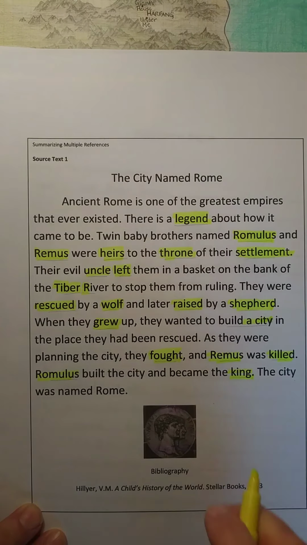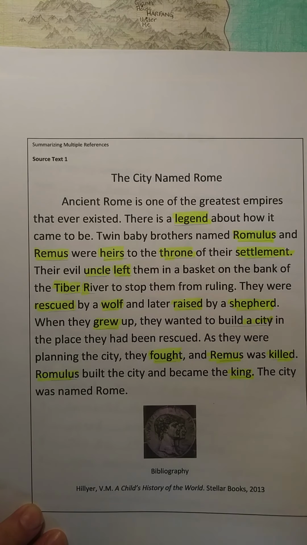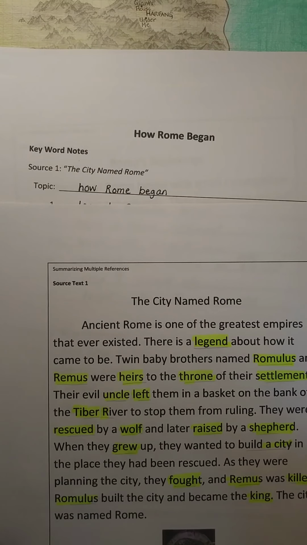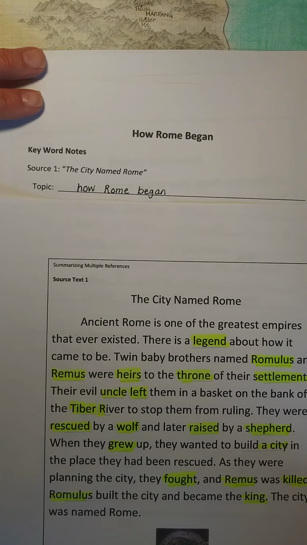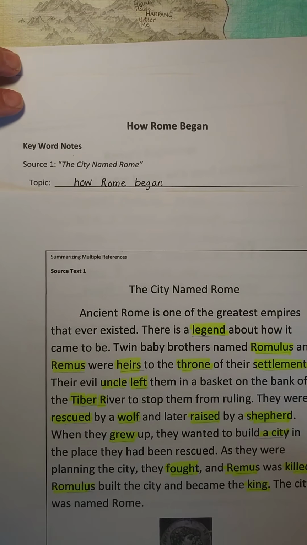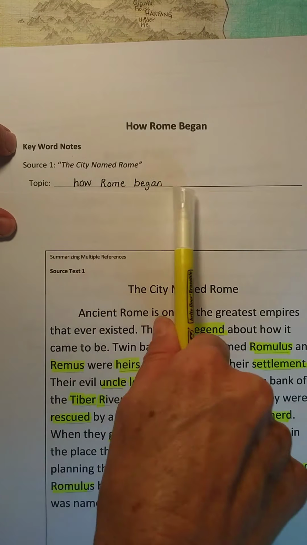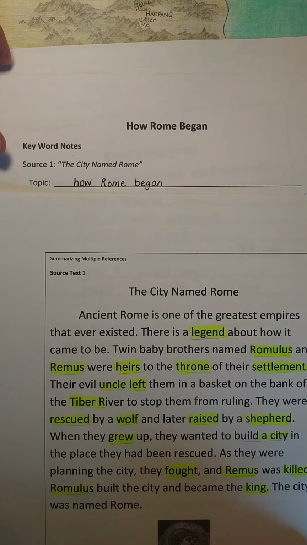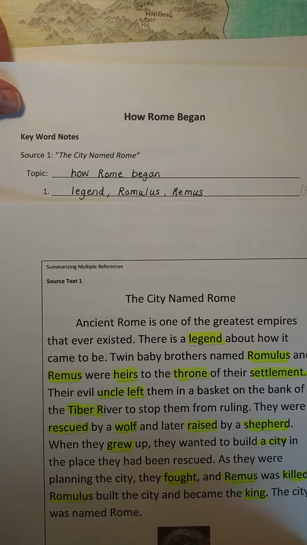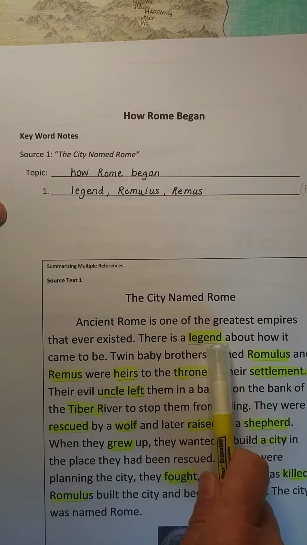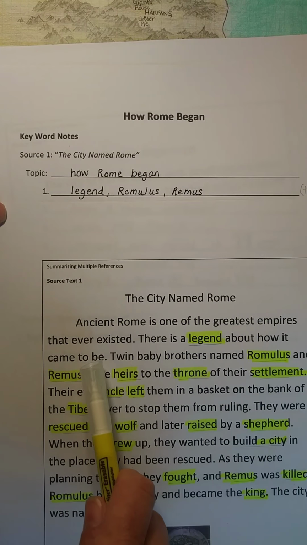Okay, so those are the key words that I'm going to use to write my notes. Okay, so your topic is not actually any of these key words, it's just the title or the main idea of what you're writing about. And this is how Rome began. Okay, so the first thing I have is there's a legend about Romulus and Remus, okay?